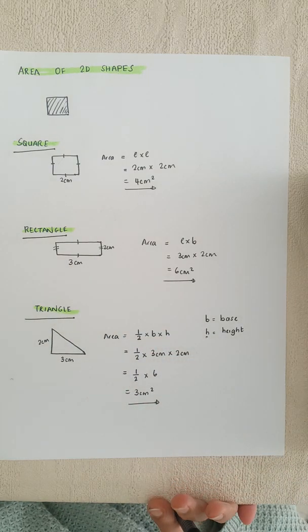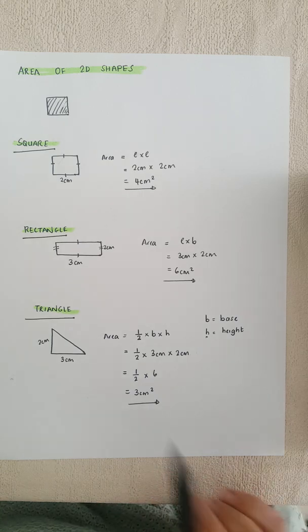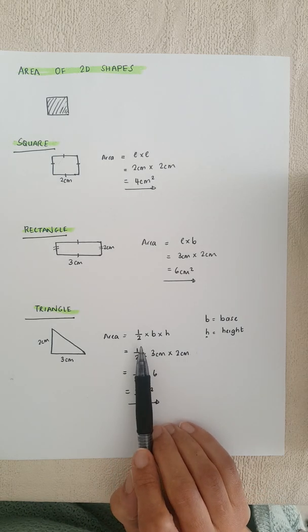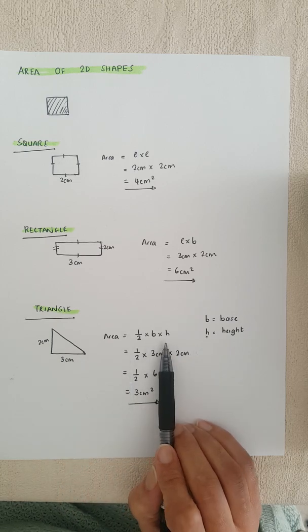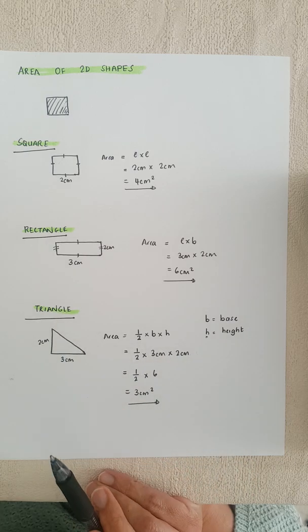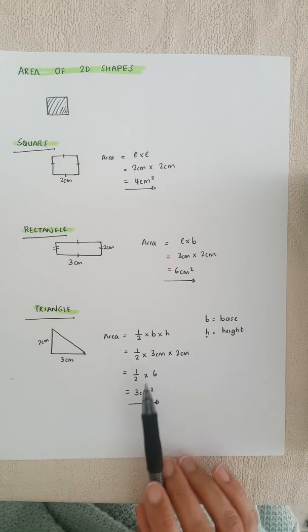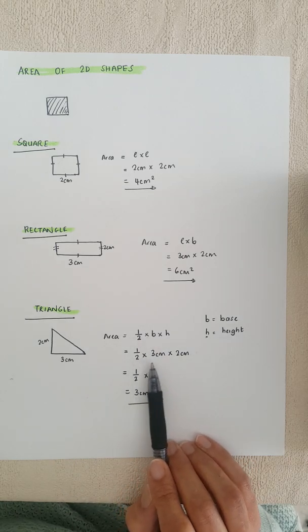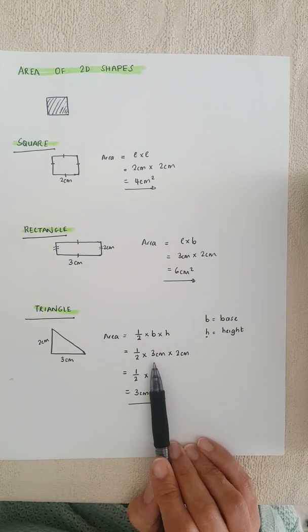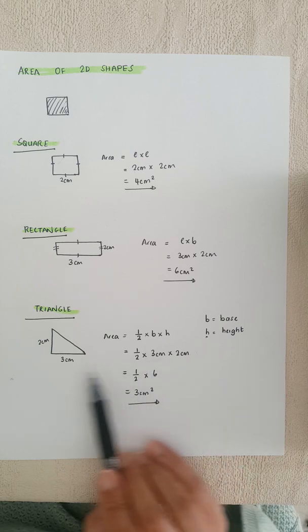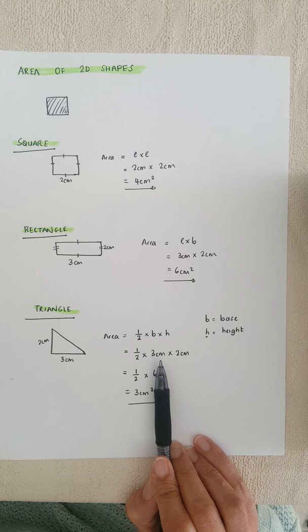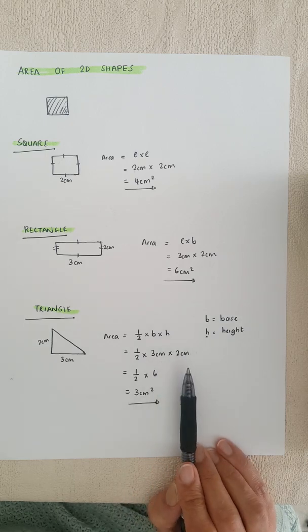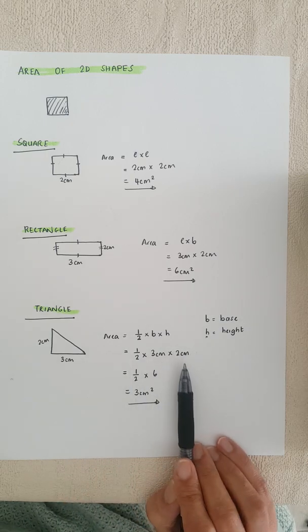So when we want to calculate the area of a triangle, we say area is equal to half multiplied by the base multiplied by the height. It's a formula you need to learn and get used to. In this triangle, how much is my base? My base is 3 centimeters, so half times 3. And my height is 2 centimeters, so times 2 centimeters.